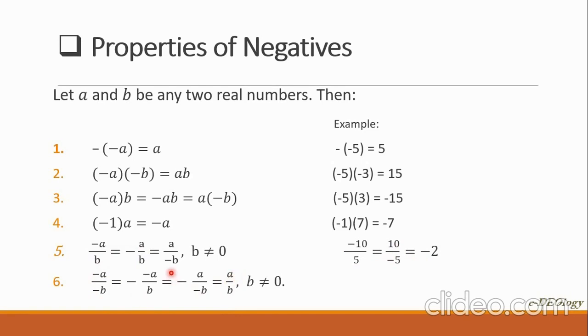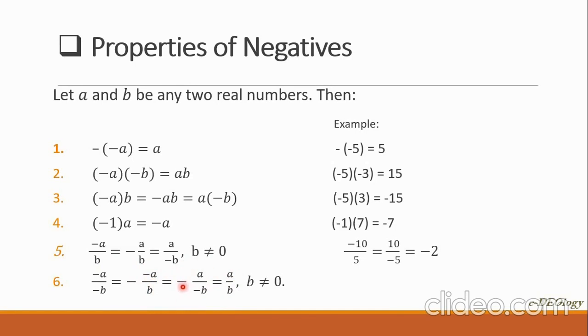There are some cases that look like this. There is a big negative sign outside, and then there is a division of two numbers of opposite sign. In this case, this is negative a over b, and in the other case, the b is negative and the a is positive.